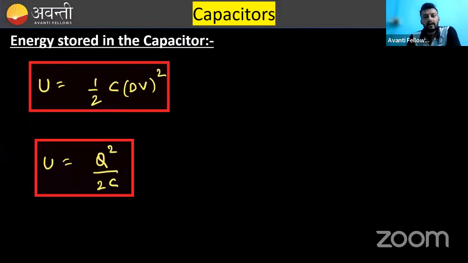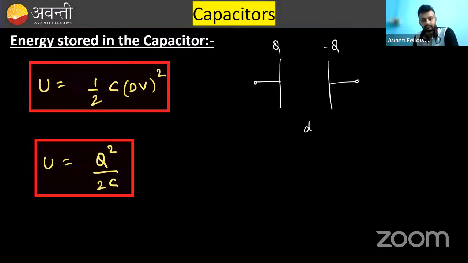Moving further. Energy stored in the capacitor. Let's suppose there is a capacitor. This is plus Q, this is minus Q. Separation is d, and the potential applied across its two ends is delta V. So there is a field E, and you know this field is sigma by epsilon naught.